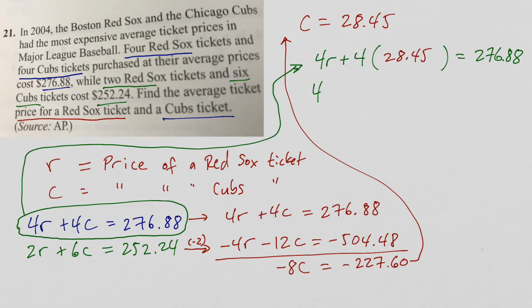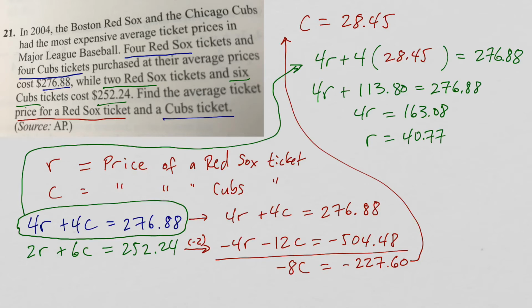So 4r plus, I multiply that and get 113.80 equals 276.88. So 4r equals 163.08. I divide by 4 and I get r is equal to 40.77.